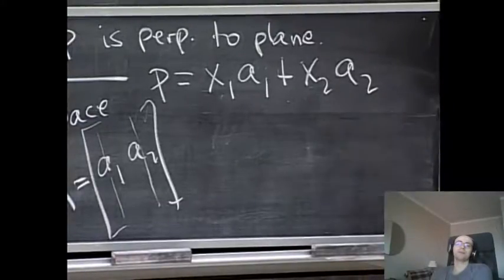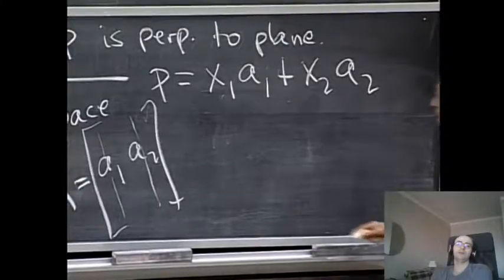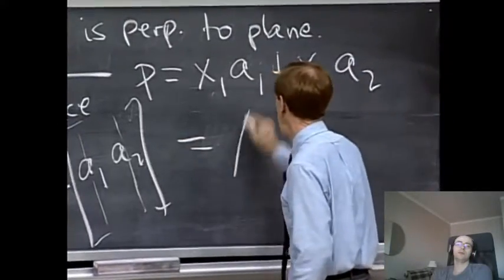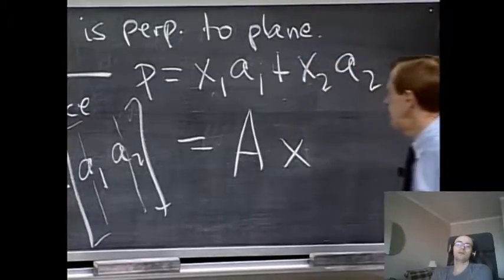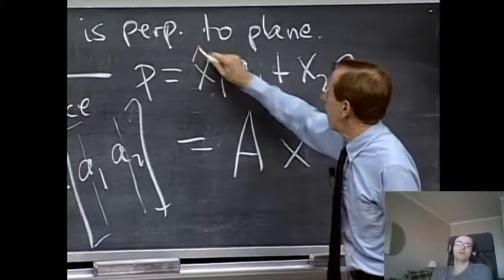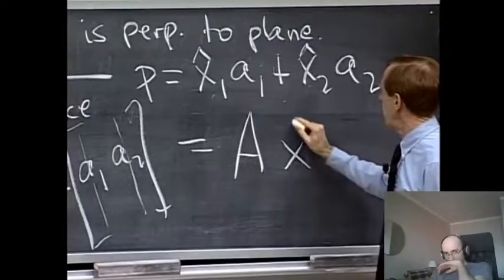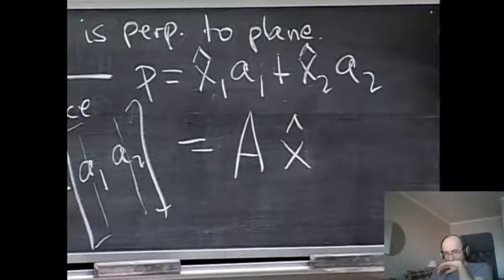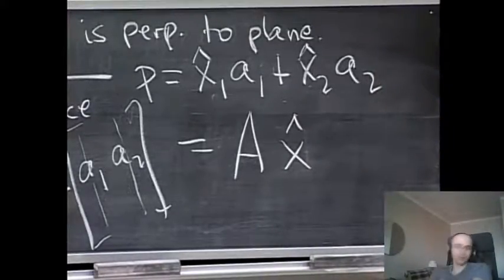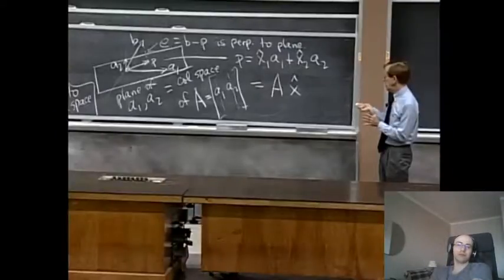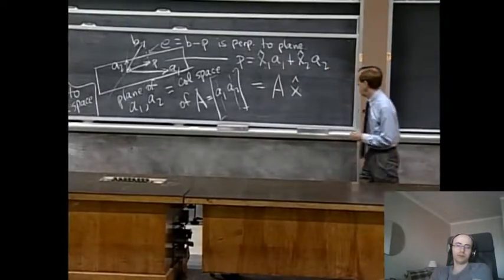But I don't like writing out x1 a1 plus x2 a2. I would rather write that as A x. Well, actually, if I'm really doing everything right, I should put a little hat on it to remember that those are the numbers.